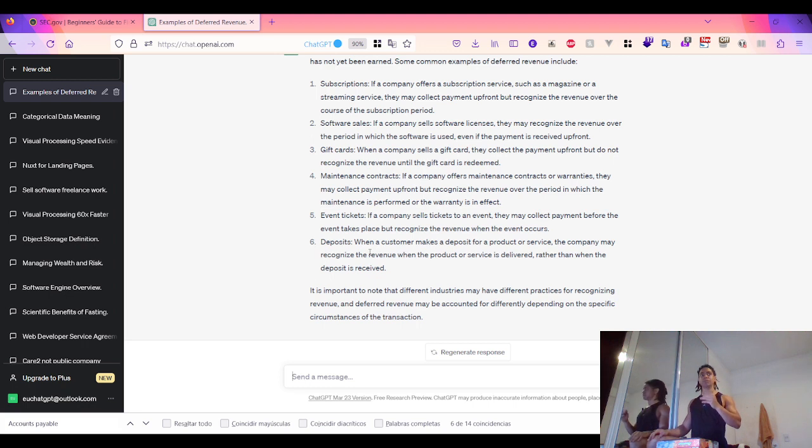These are examples of deferred revenue. Payments that a company collects in advance for good and service that has not yet been delivered.